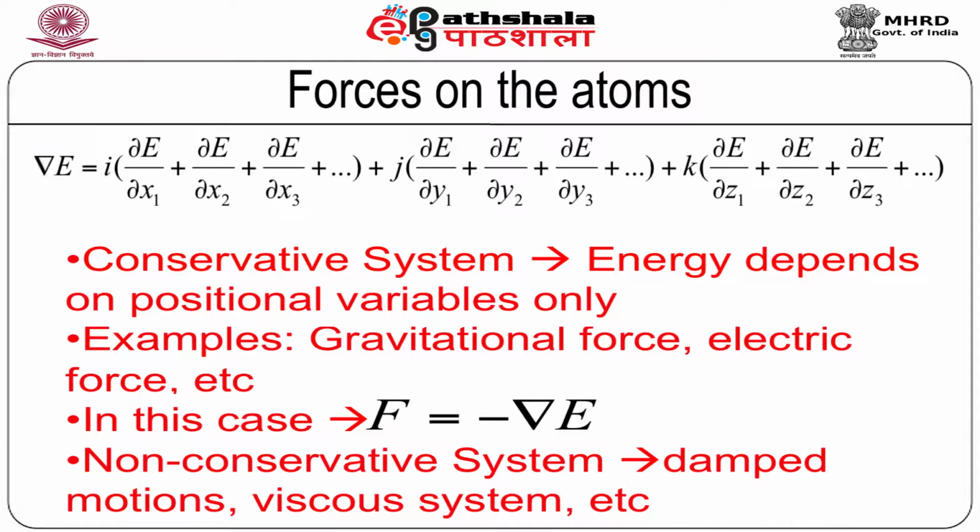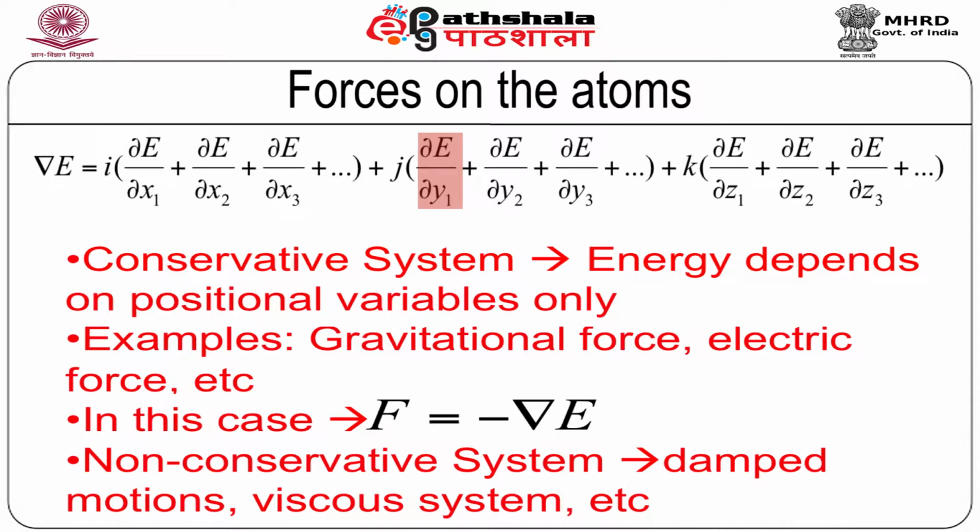grad operator as the differential coefficient of energy with respect to the first atom's x, the differential coefficient of energy with respect to the second atom's x, the differential coefficient of energy with respect to the third atom's x, and all these are in the x direction, so we have added the unit vector i.